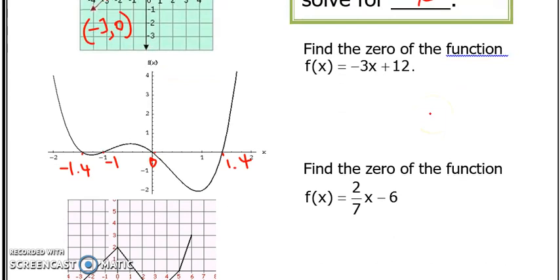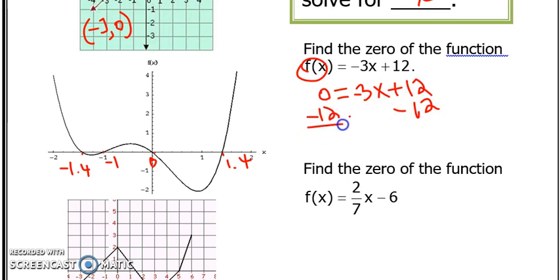Let's take a look at this problem. Find the zero of the function f of x equals -3x plus 12. So we're going to set this part equal to 0, and we're going to solve for x. We're going to subtract 12 on both sides of the equation. 0 minus 12 is -12 equals -3x.